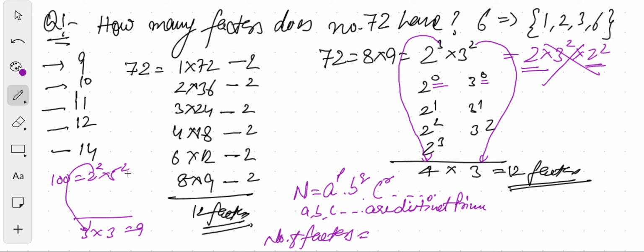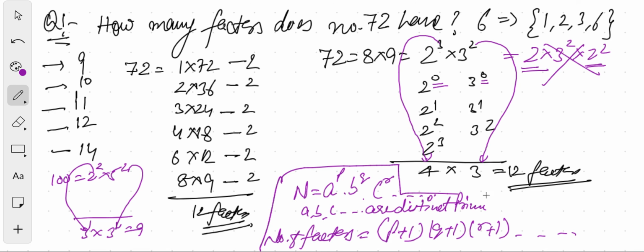That is once again because we always get one more than the power in the last step. So what we have to do is just add 1 to the powers and multiply them to find the number of factors. This is how we can summarize finding the number of factors of any number, howsoever big that is.